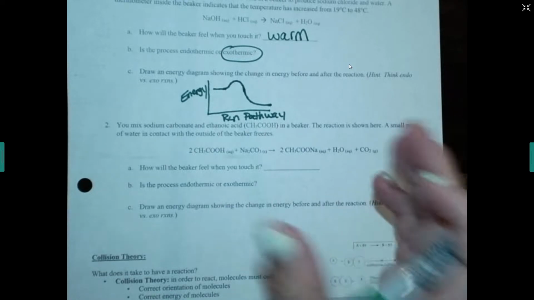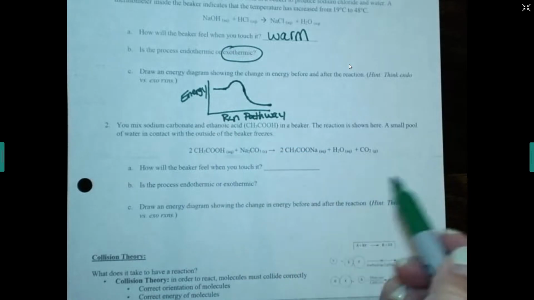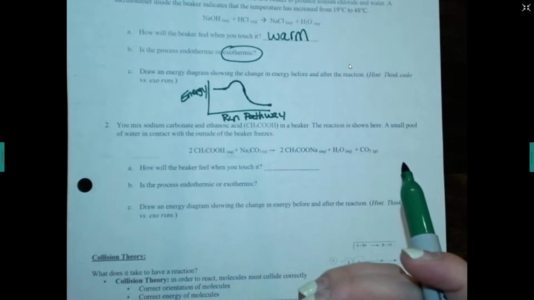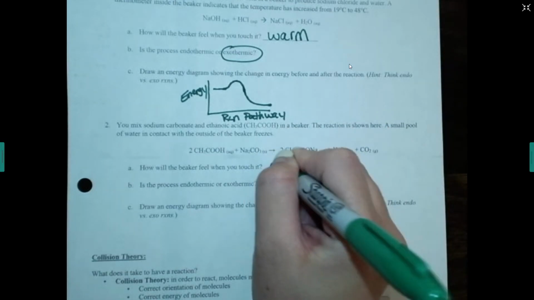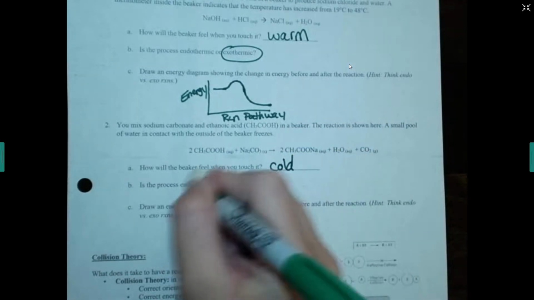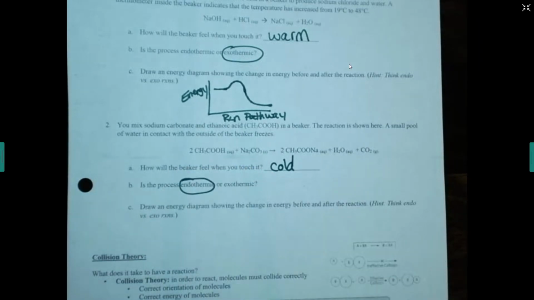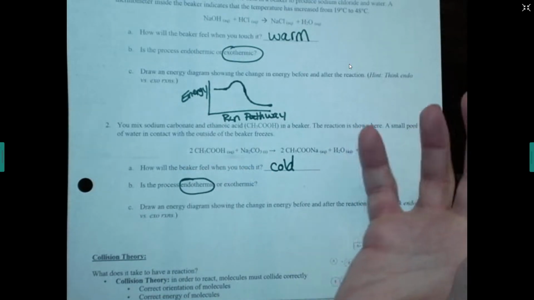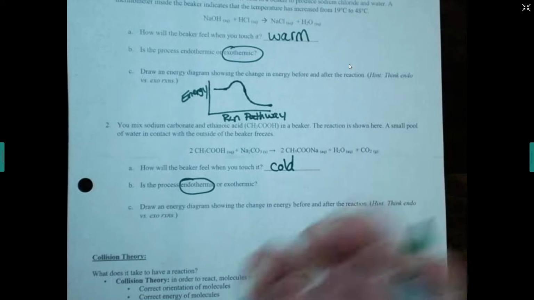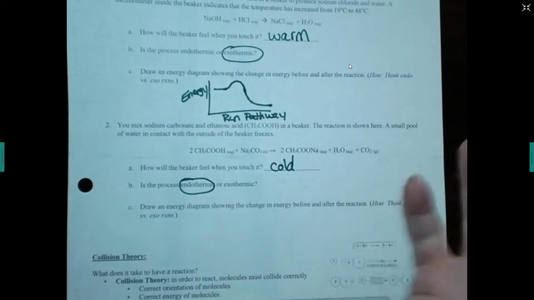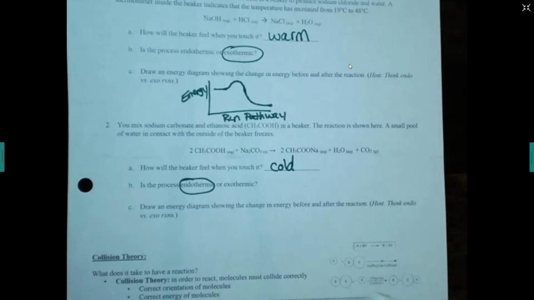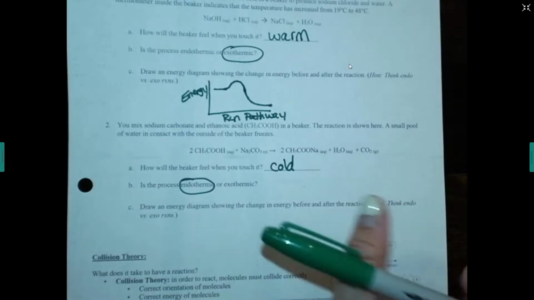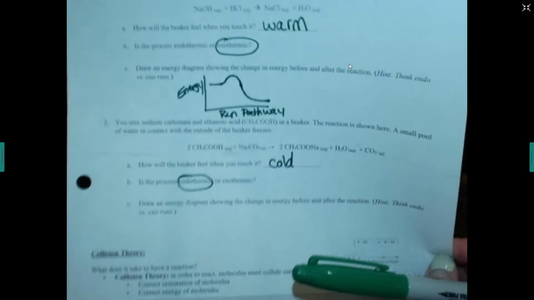If these chemicals are absorbing the heat surrounding them, that would feel cold, because it's freezing the water around it. So that would be an endothermic reaction, because it's absorbing the heat from that pool of water, making it freeze. It's taking the heat in. So it's endothermic.